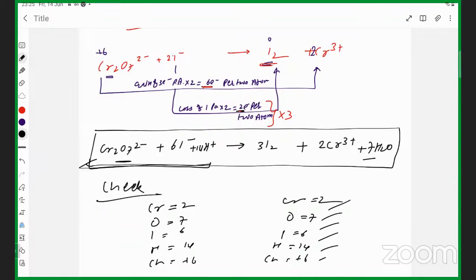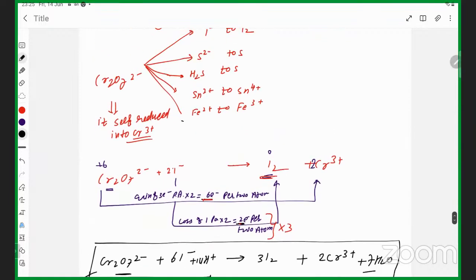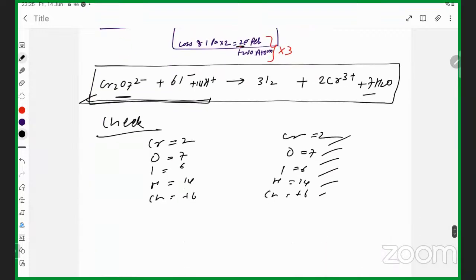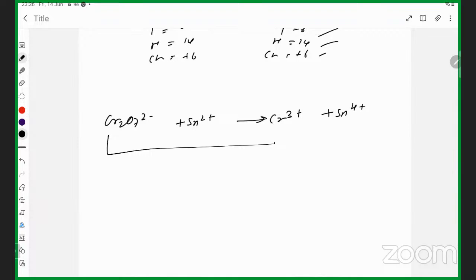Done, sir. Okay, one more reaction I am doing. This one, suppose this one I am doing: Cr2O7 2 minus, Sn2 plus, so Cr3 plus, Sn4 plus. First of all you see the change: plus 6, plus 3, plus 2, plus 4.